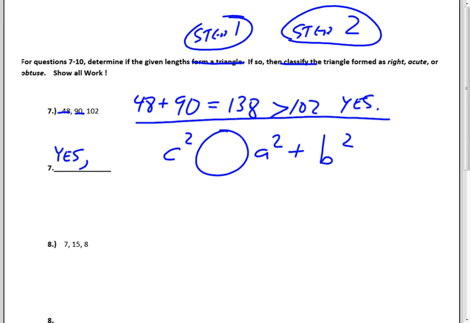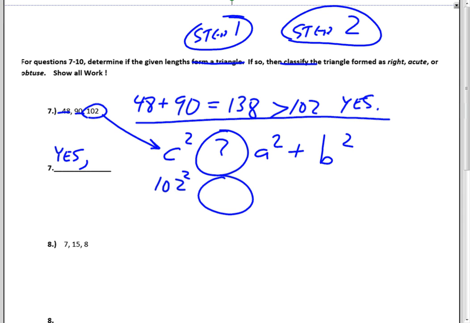What goes in for C? 102. Some people are taking the 138 and putting it in. We're done with that. That was just to figure out whether or not it was a triangle. I need 102 in that spot. Don't forget to square it.